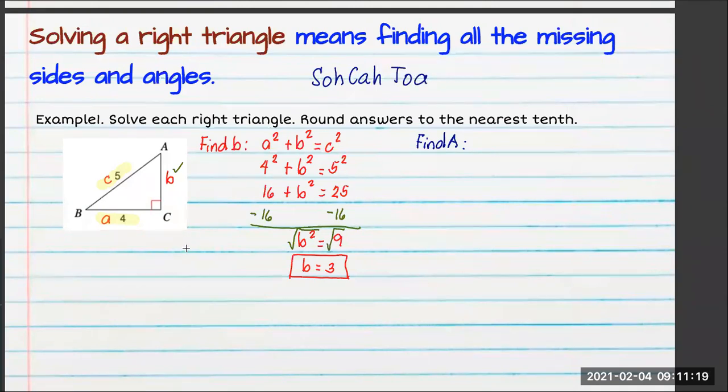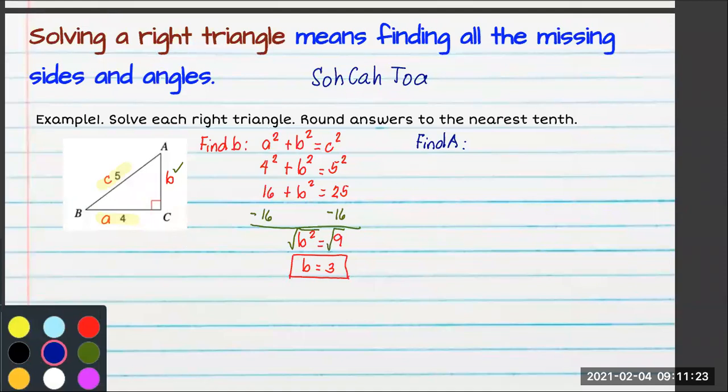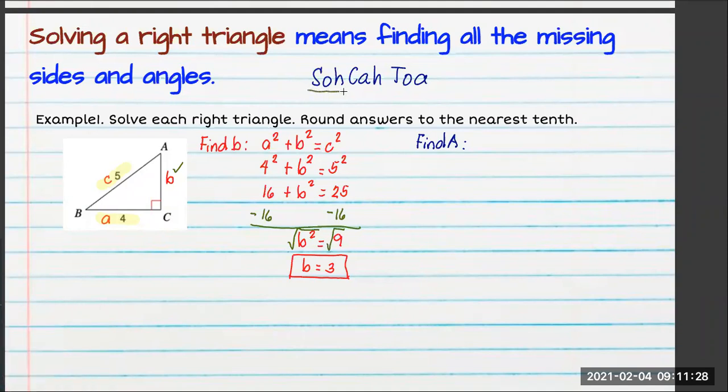Sine, cosine, or tangent? Opposite and hypotenuse. Sine, okay? So we have to use the sine here.